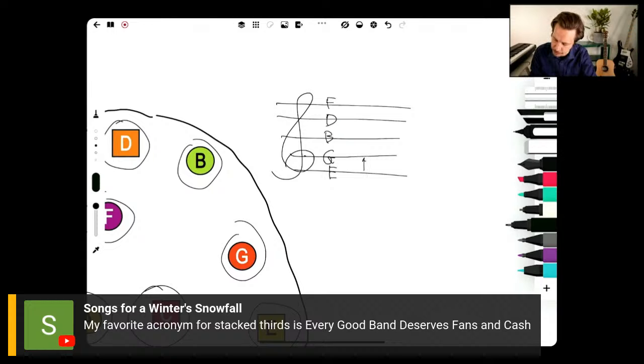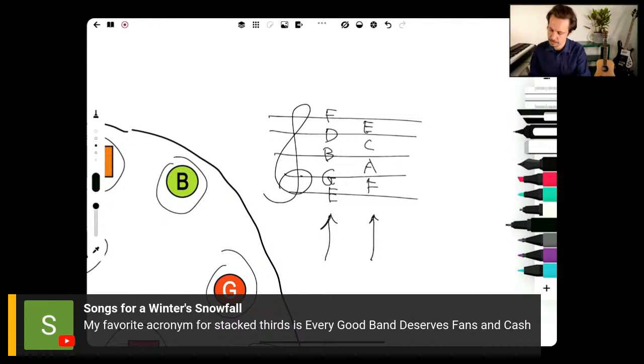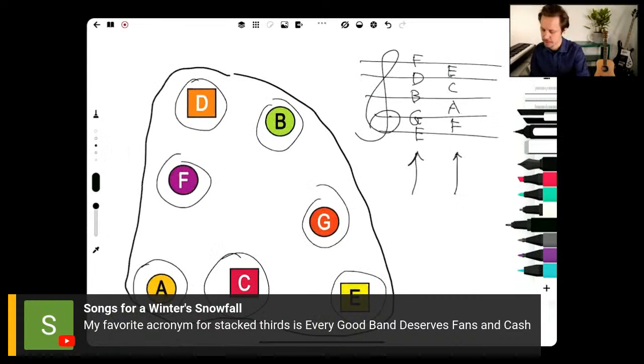And then also down here, you have fans and cash every. So you have every good boy does fine, or every good band deserves fans, and then face or fans and cash every. So you have this interesting pattern, which is showing up in another way here.